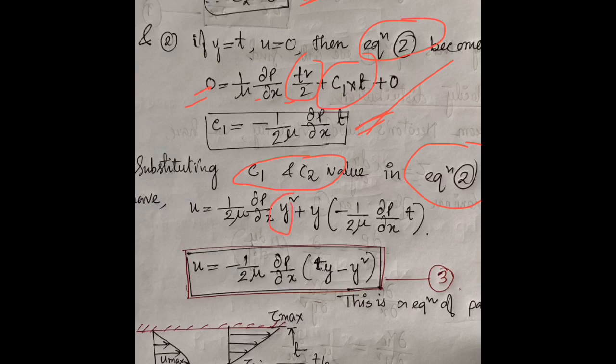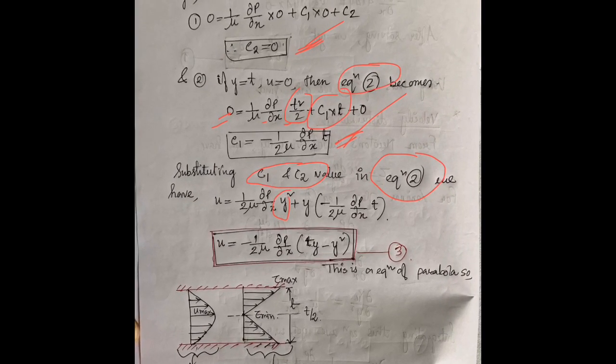C2 we have already got as 0, isn't it? Now, in place of y, you just put t. After solving this equation, we will get C1 equal to minus 1 by 2 mu del p by del x t.